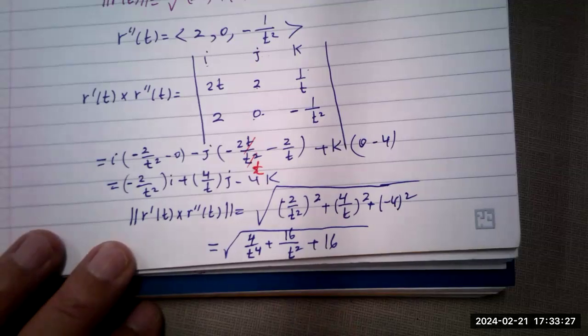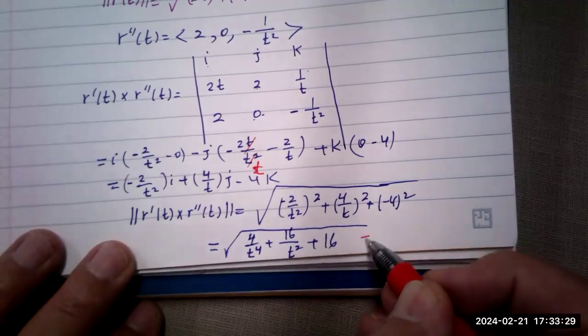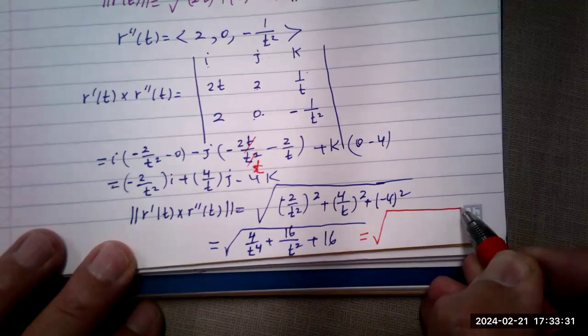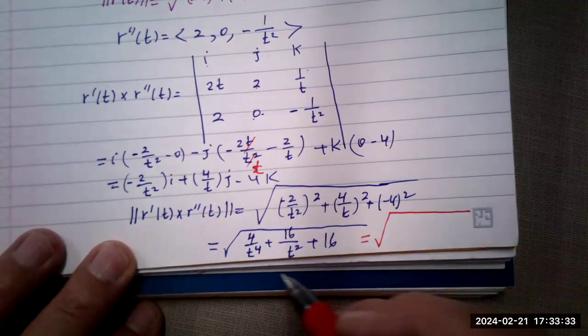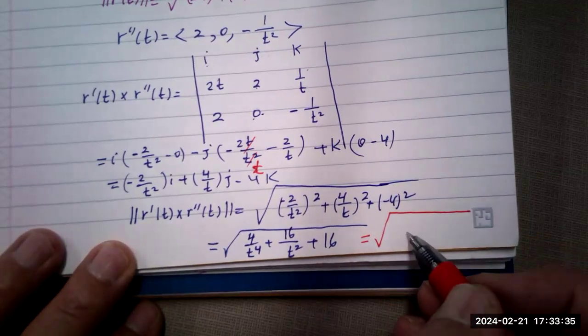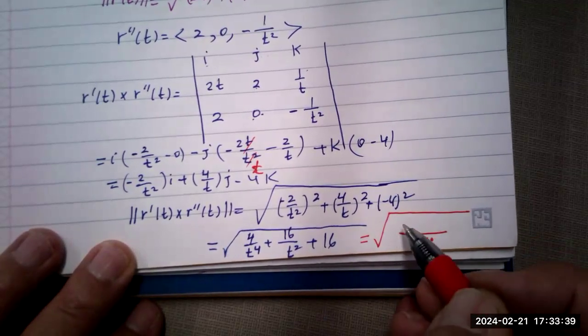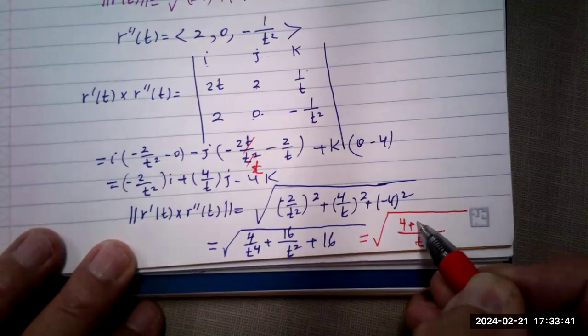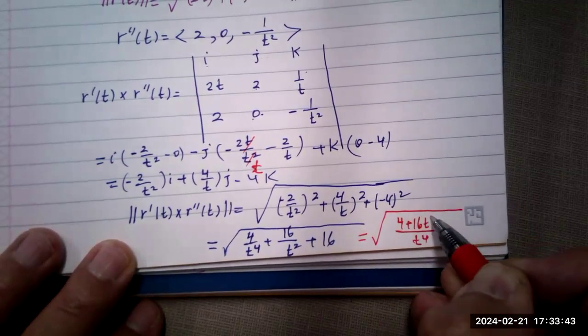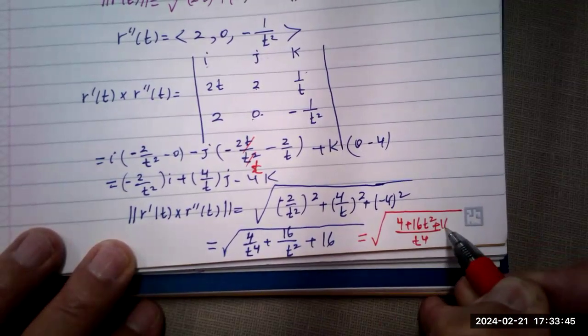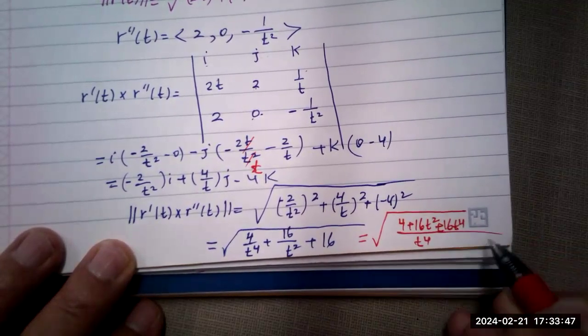You may be able to do something about it. So basically this is it. So the denominator would be t to the 4th. It's not going to be getting anywhere. So that gives you 4 plus 16t squared plus 16t to the 4th.